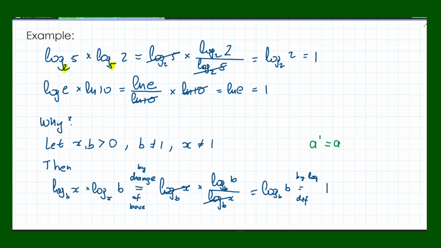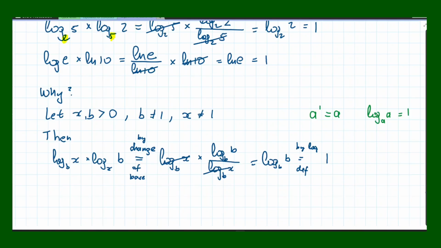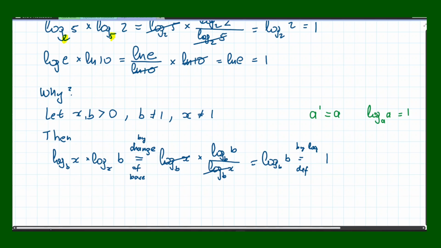So if I was to rewrite this in log form, I could write log_a a equals 1. Now, this proof was again one of the shorter ones. And if you look at the steps in the proof, we basically just applied the change of base formula. So this equality is an application of the change of base rule from video 12.